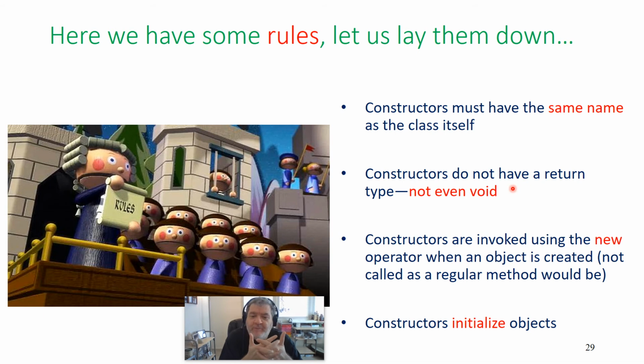And what if you have multiple constructors? Well, this is where it gets interesting, because if you have multiple constructors in the class, that means that you offer multiple ways to actually initialize the object once it has been created in memory. And guess who gets to establish which constructor should be called?